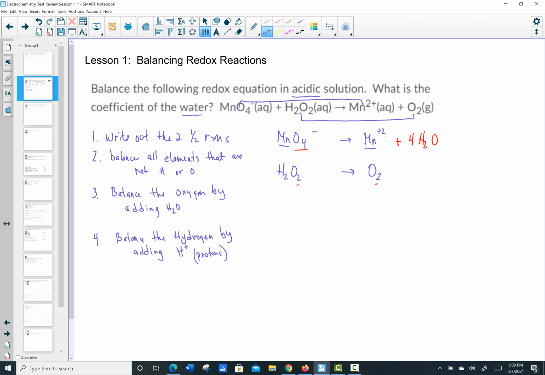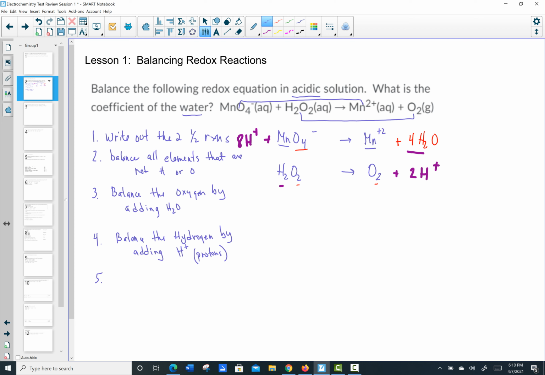In this reaction, the first half reaction, I can see there's a total of 8 hydrogens. To balance those on the left side, I have to add 8 positive protons. How about in the second reaction? Well, here on the left side, I can see 2 hydrogens. So I'm going to need to balance that on the right side by adding 2 protons. The hydrogens are now balanced.